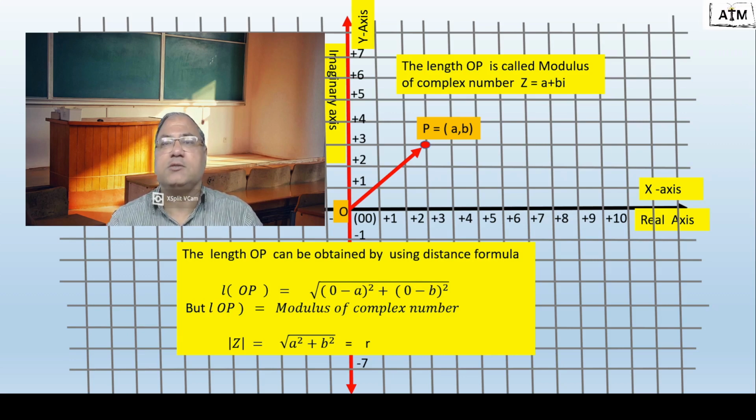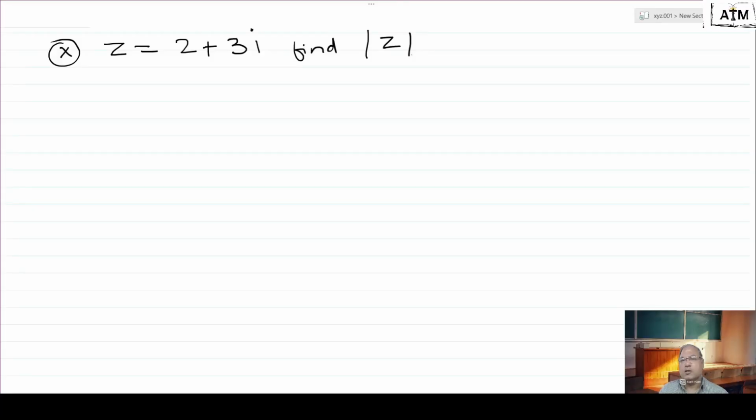Now let us take some examples to find the modulus of a complex number. Here z equals 2 plus 3i. Find the modulus of z. First of all, we write it as it is, 2 plus 3i.